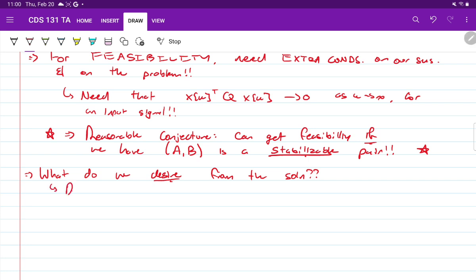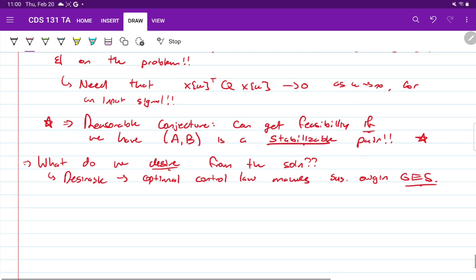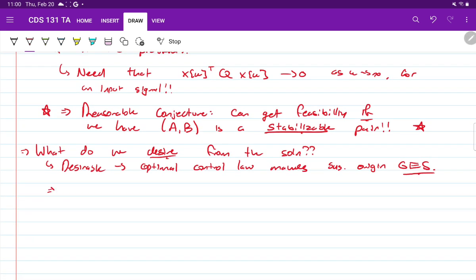Well, something that's desirable is that our optimal solution, our optimal control law, makes the system origin globally exponentially stable, right? Now, how can we actually achieve global exponential stability from this control law?